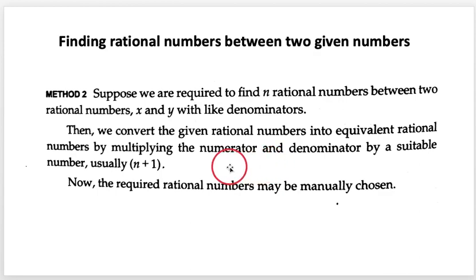So here we will use one formula. Suppose they are saying take out 5 rational numbers. Then 5 is n, so we will use the n plus 1 formula. N plus 1 is 5 plus 1, which means 6. So what we will do with that 6? We convert the given rational numbers into equivalent rational numbers by multiplying the numerator and the denominator by a suitable number.